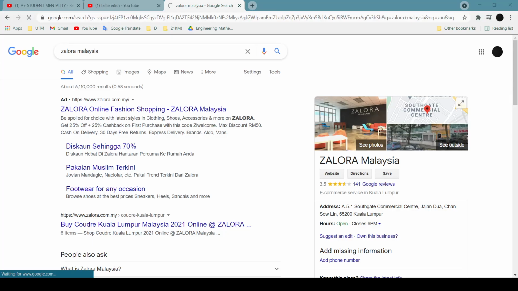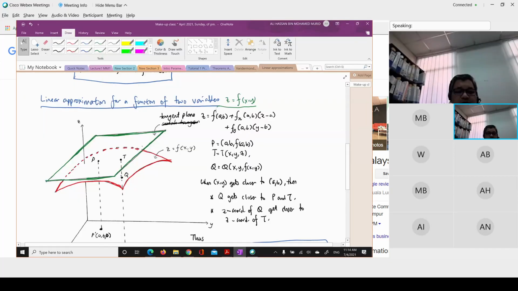So imagine we have another point Q also on the surface. Suppose it is also close to the point P, and we have a point T directly on the tangential plane, directly above the point Q. Now imagine what happens as (x,y) gets closer and closer to (a,b).